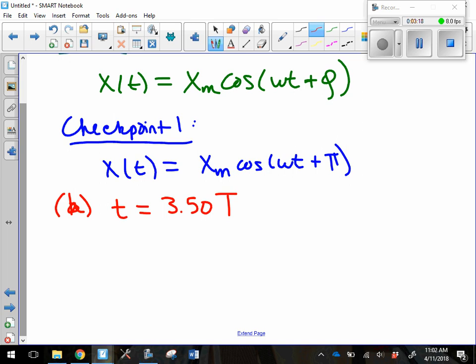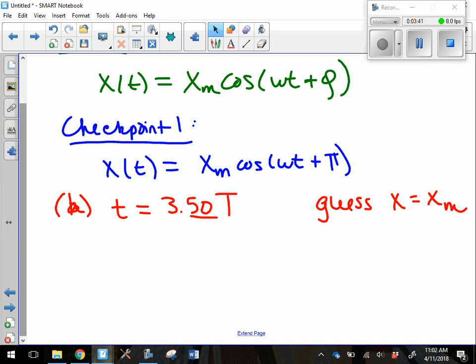So the first 3 periods of this time are just going to bring us back to negative xm. And we could make a prediction that during that extra half a period, we would end up at positive xm. But we can check too.